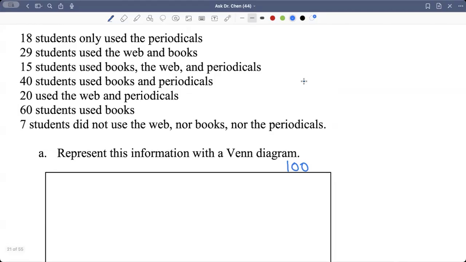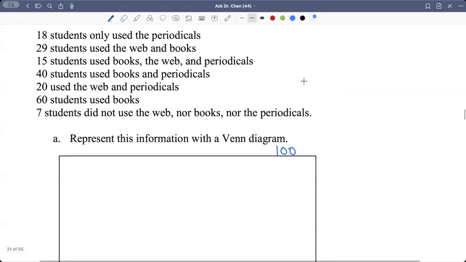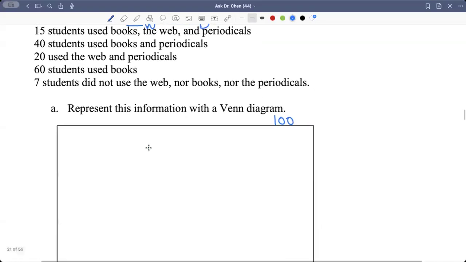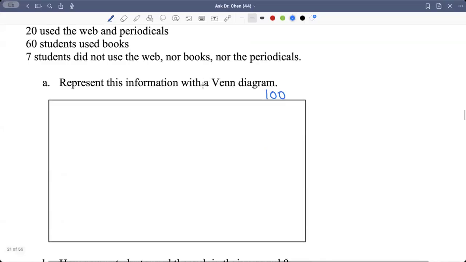Then we want to draw those. 18 students only used periodicals. So let's see how many categories. We have periodicals, the web, and books, so 3 different sets. Let's call periodicals P, web W, and books B. Let's draw circles.